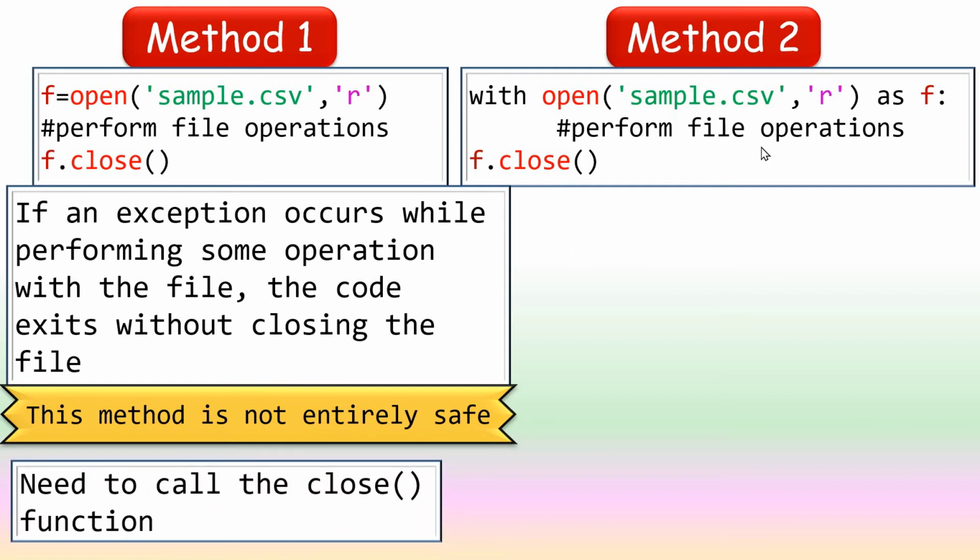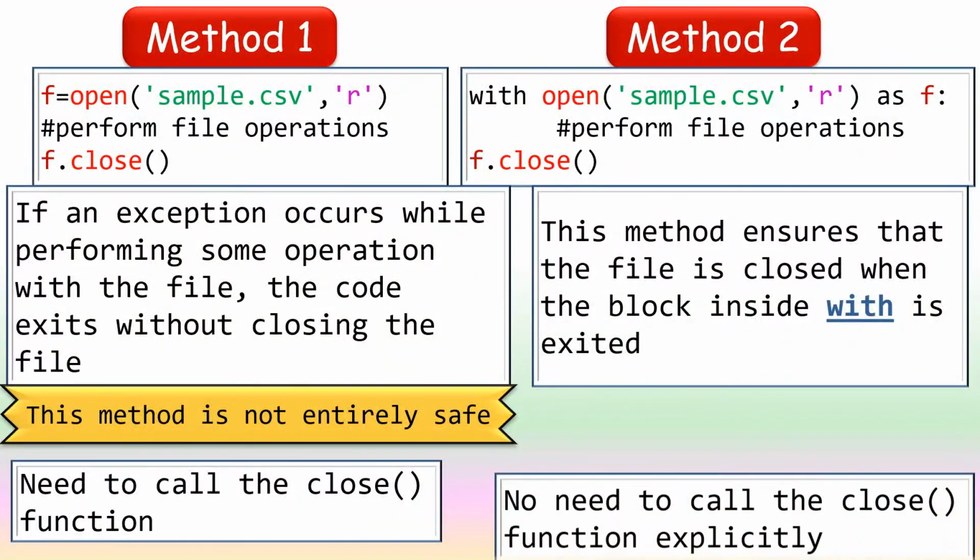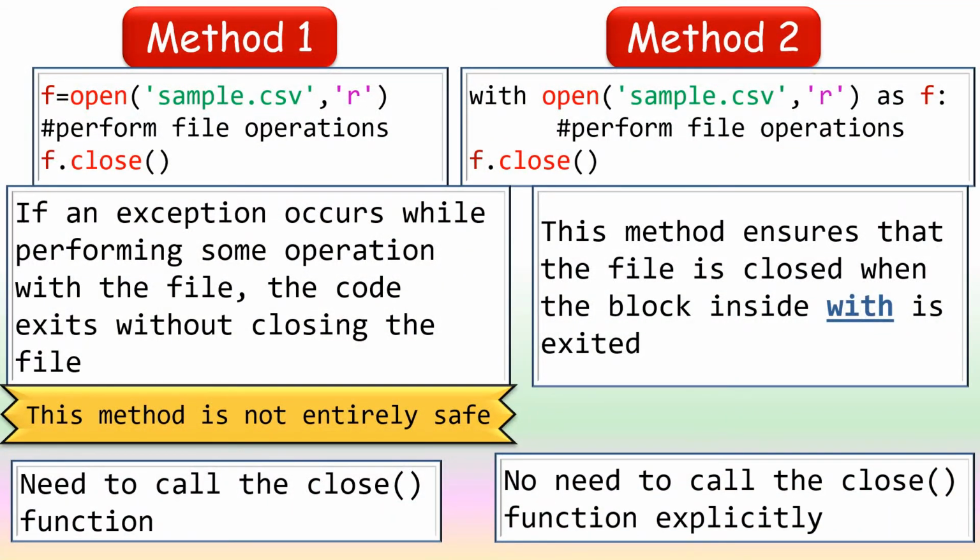In method 2 of the open function, which begins with the with keyword, with open, this method ensures that the file is closed when the block inside with is exited. That is, even if you do not write f.close, the with open function will close the file by itself. Therefore, no need to call the close function explicitly.